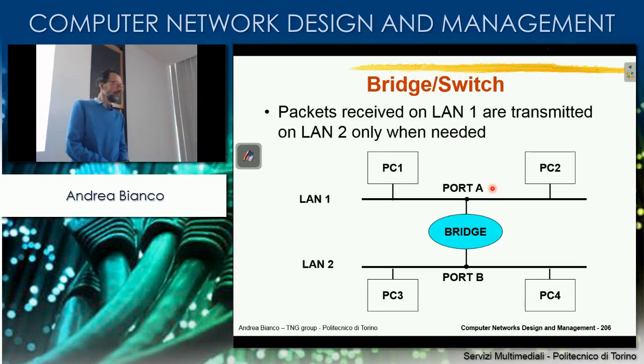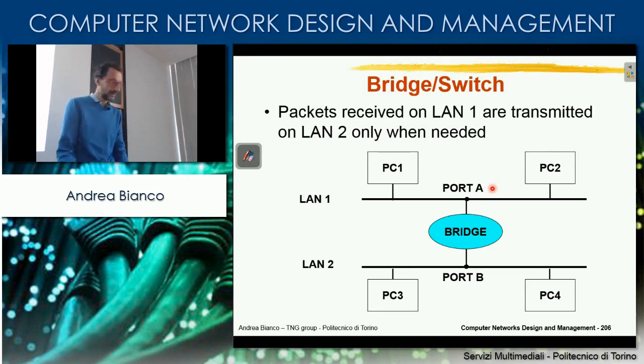So, for example, I can write in my forwarding table of the bridge, that any packet whose destination is PC1 should be sent on port A. Any packet whose destination is PC2 should be sent on port A. Any packet whose destination is PC3, you should send it on port B. And any packet whose destination is PC4, you should send on port B.